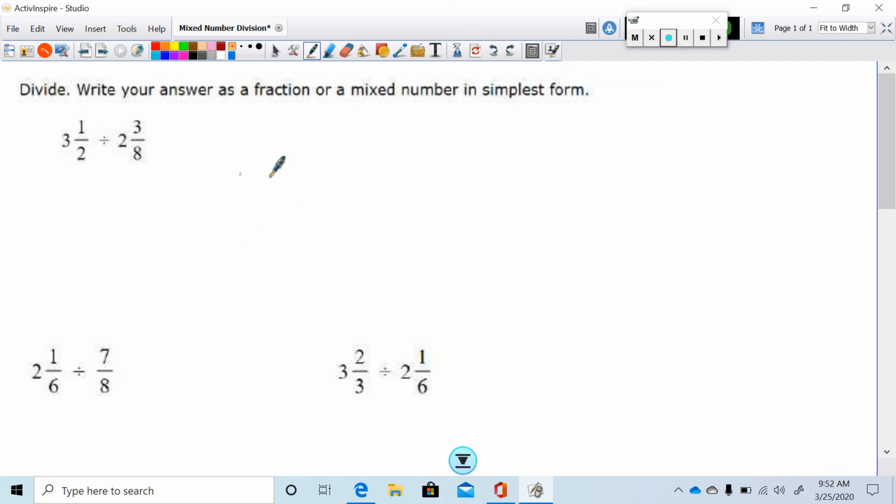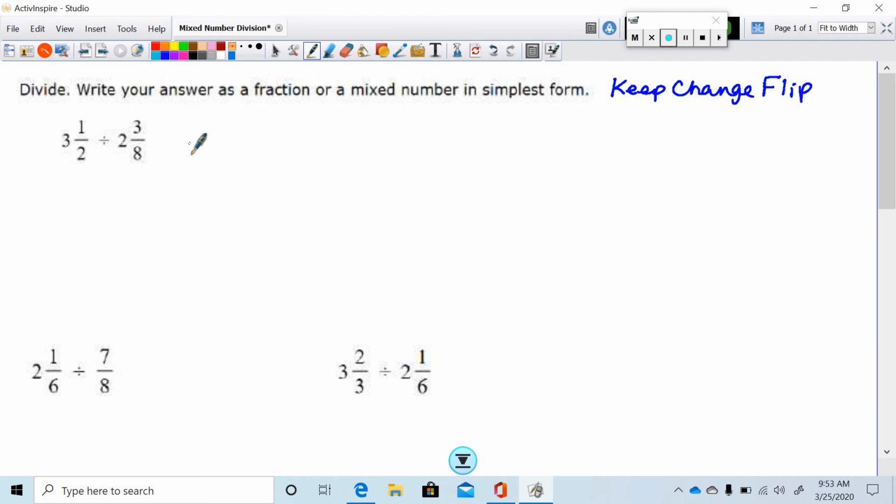So the first thing you want to do, I have this thing called keep, change, flip for division of fractions. It literally means keep the first fraction, change the division to multiplication, and flip the second fraction. Before you do that, you want to change these to improper fractions.